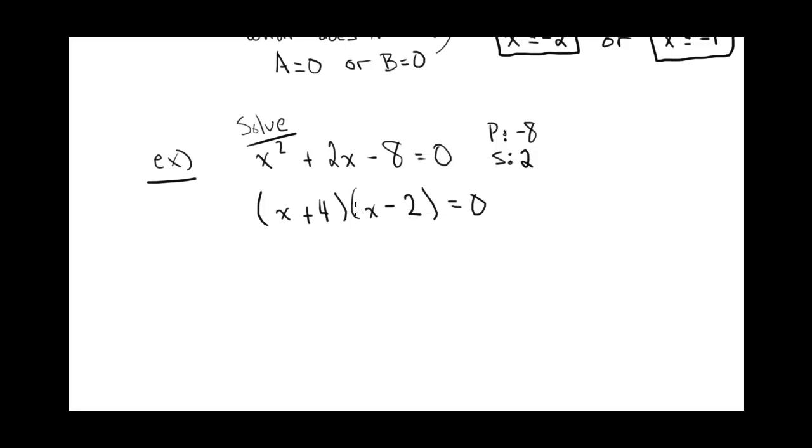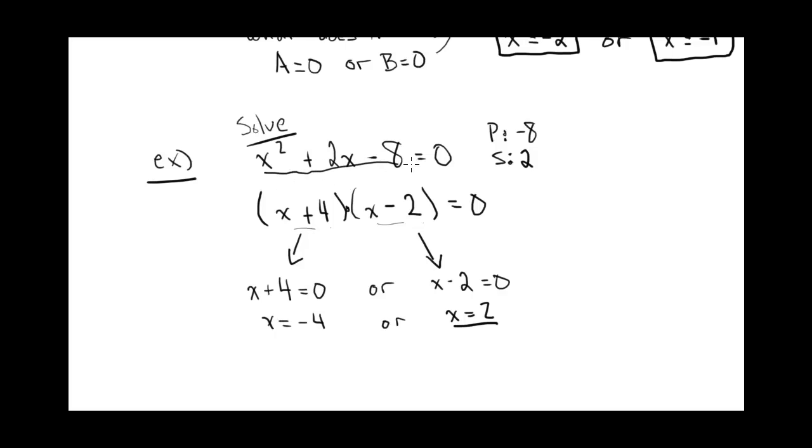You can check that satisfies that. So that means that this times this is equal to 0. So that means that this must be 0, or this one must be 0. Which means x equals -4 or x equals 2, just by solving the linear equations. So there are your two solutions to your quadratic equation.